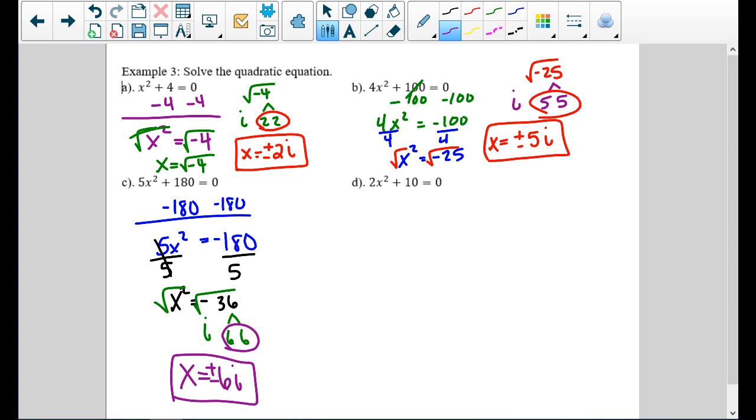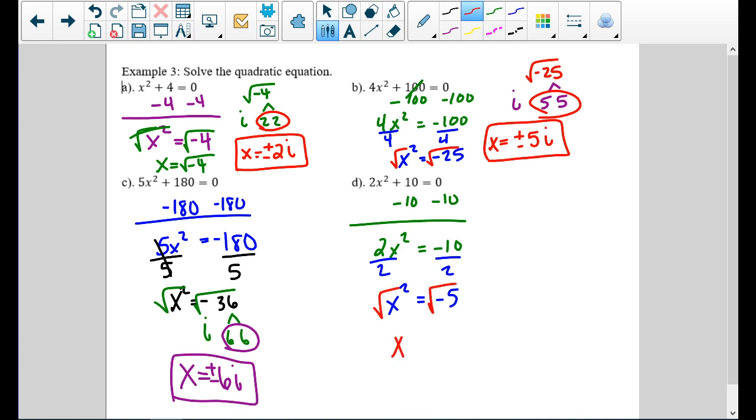All right, try letter D on your own here. Check it with the video when you are finished. So you should have subtracted 10, divided everything by 2, solving for x the same way, get that x by itself, square root.